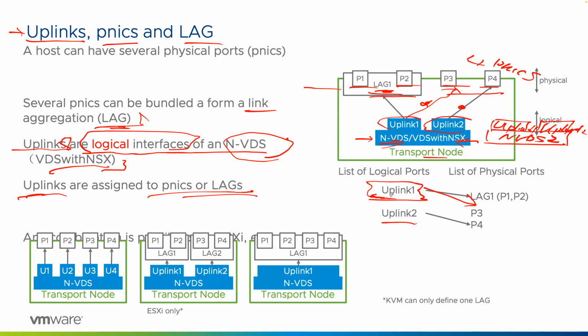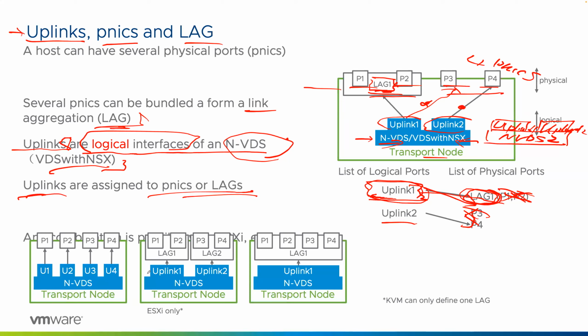We can also assign uplink 1 to LAG, not P-anything, just LAG, which is a logical aggregation interface. Got it? I think you got what I mean.